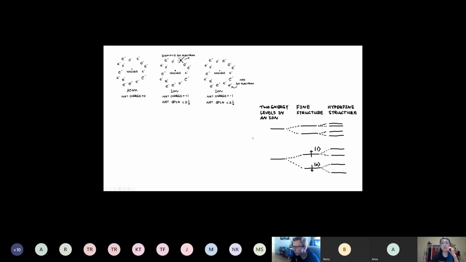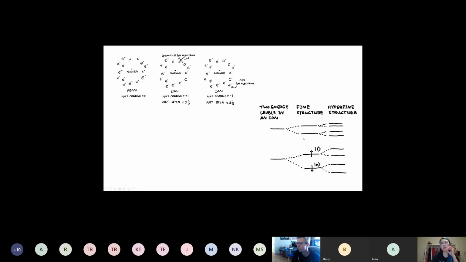So when you have an ion, you would be able to measure the electron levels inside the ion. But because of the existence of spin, your energy levels could split. This is called a fine structure. If you're not familiar with the term, don't worry about it.